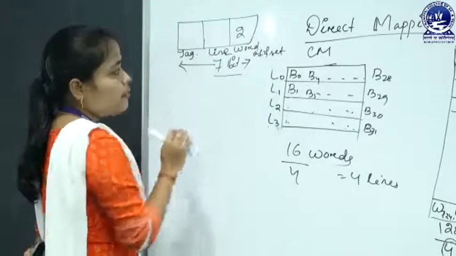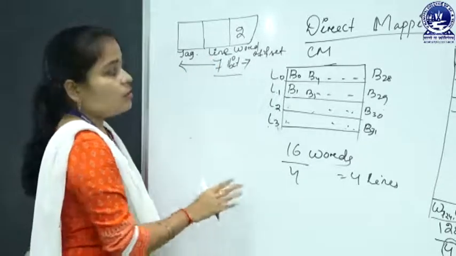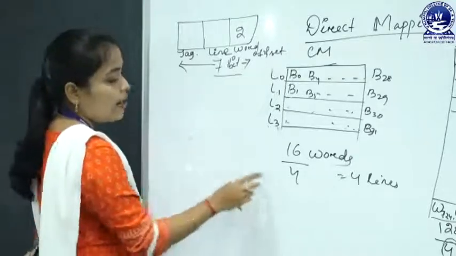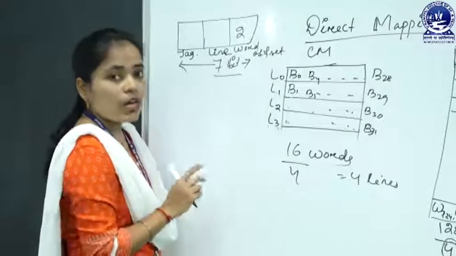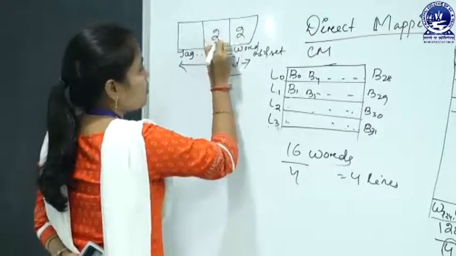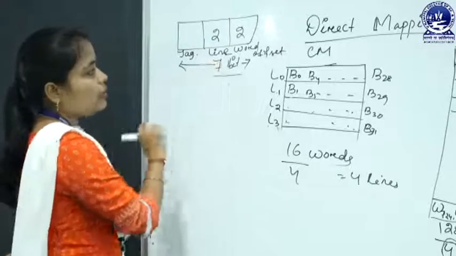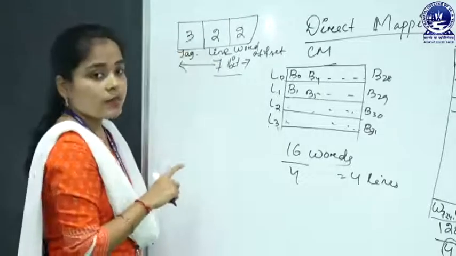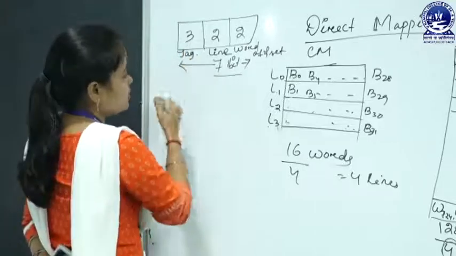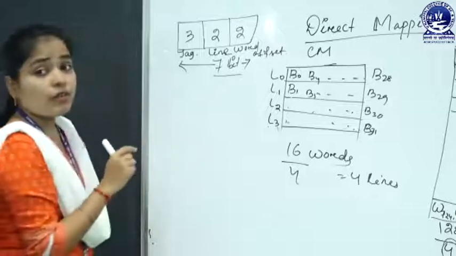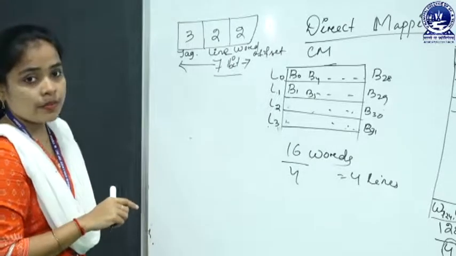The line field is used to provide the number of lines. How many lines are there? 4 lines. To represent these 4 lines we need 2 bits, and the remaining 3 bits are required to represent the tag field.